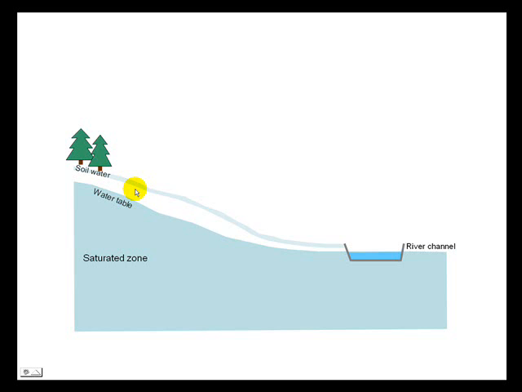There are a number of different pathways that water can take when you have rain falling over the drainage area. Some of that water is intercepted by vegetation, and anyone who's sheltered under a tree during a storm will know how effective that can be.